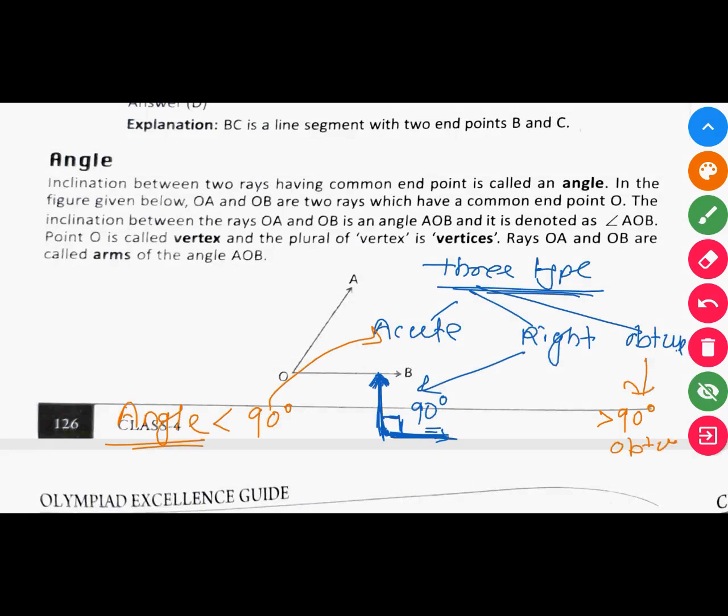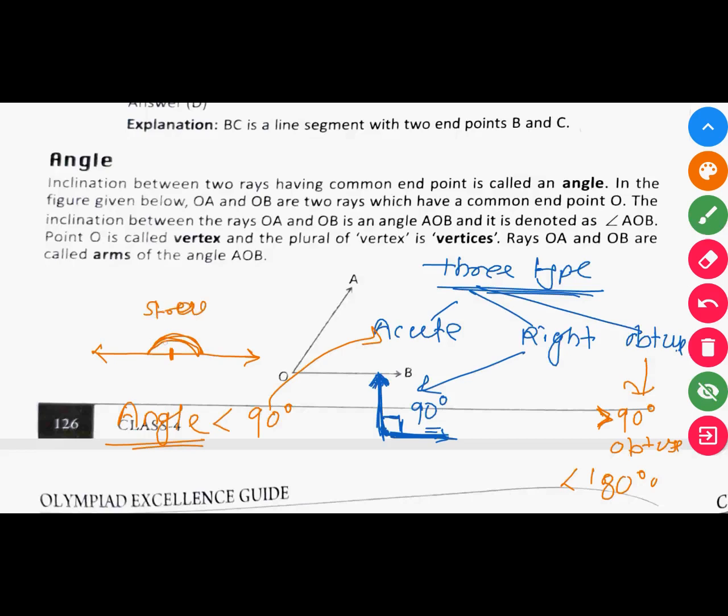it is known as an obtuse angle. But there is one condition: it should be greater than 90 degrees, but lesser than 180 degrees. Why? Because if these rays meet each other like this, like a line segment at one point, then the angle formed between these two lines is known as a straight angle.